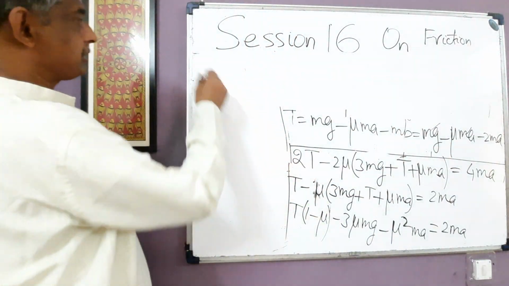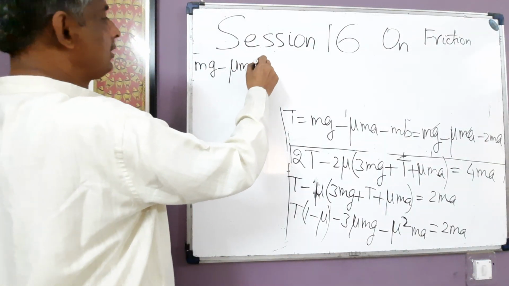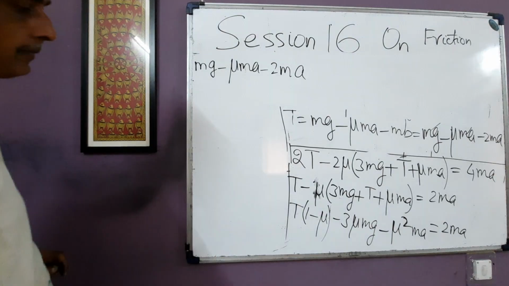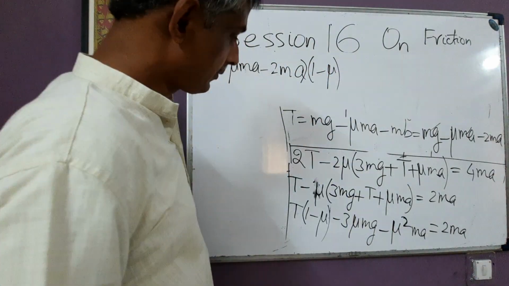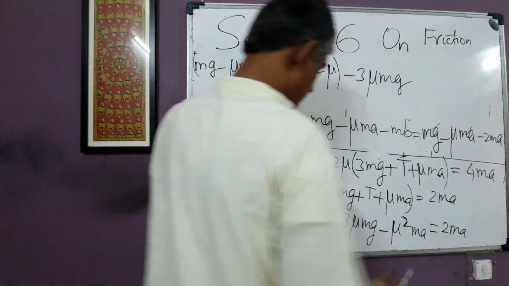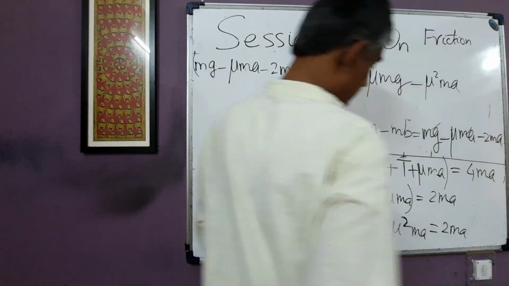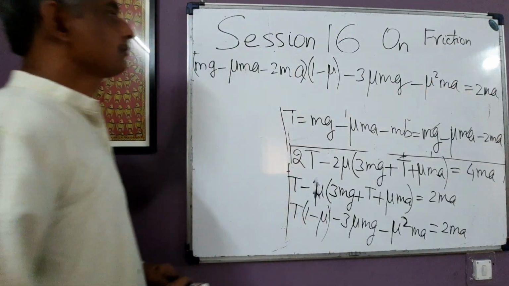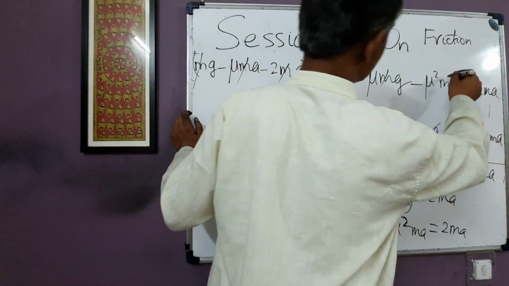So this T I substitute here: mg minus mu ma minus 2ma, into 1 minus mu, minus 3 mu mg minus mu square ma is equal to 2ma. Now m is a common term, it cancels out.